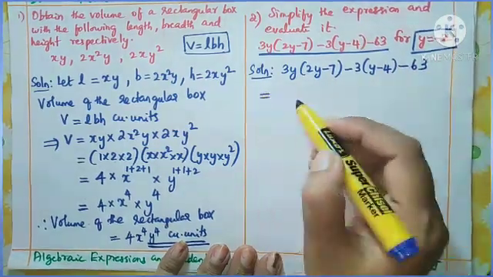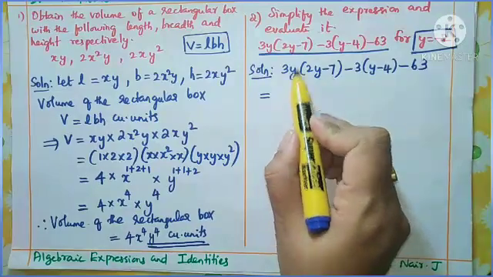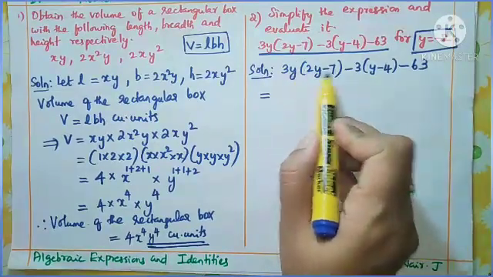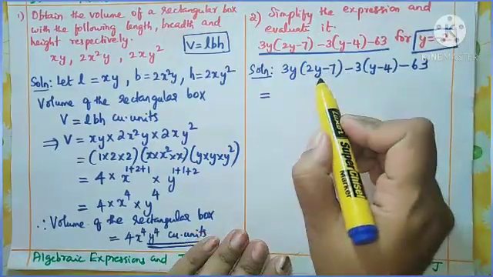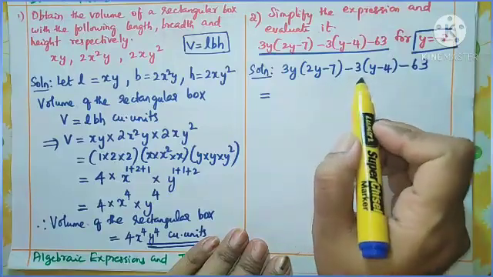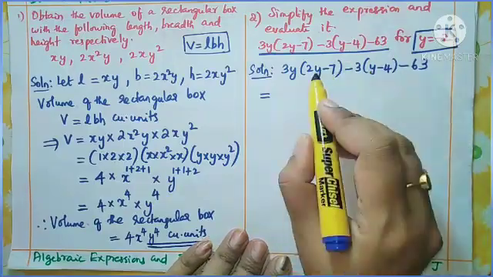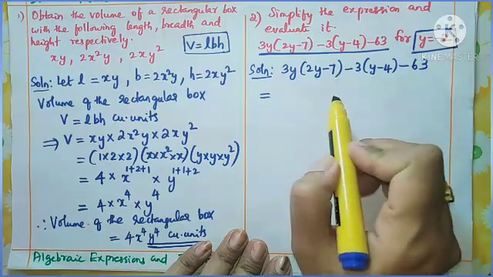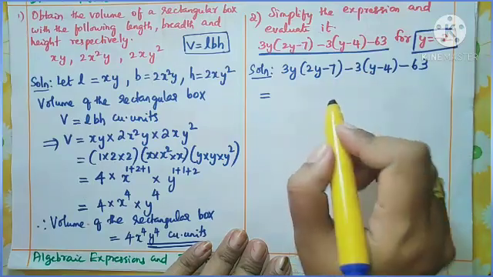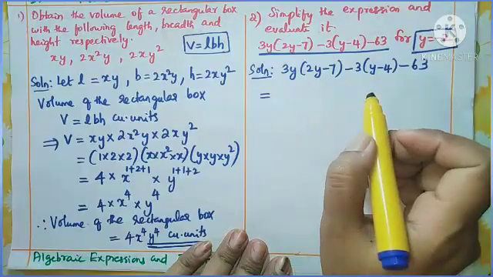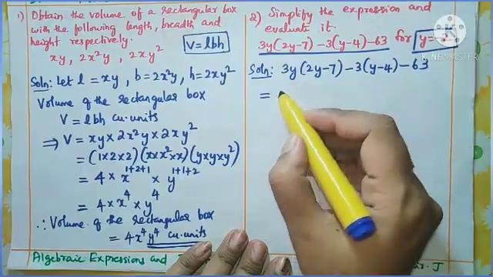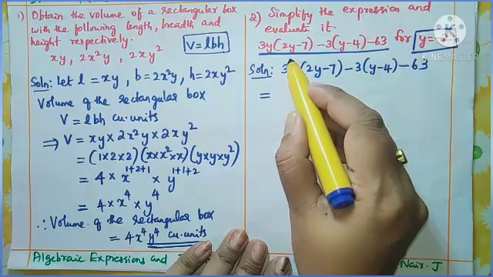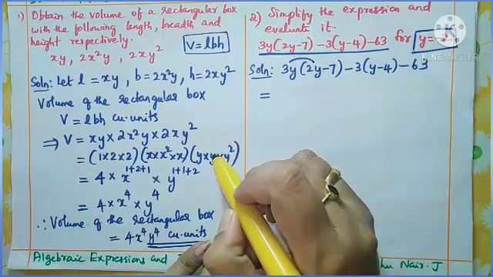So first what do you want to do? Multiply this 3y by the two terms inside. And whenever you are doing simplification, always be careful with the plus and minus signs. Do it carefully, otherwise you will make a mistake. So here first I am taking this 3y multiplied by 2y.